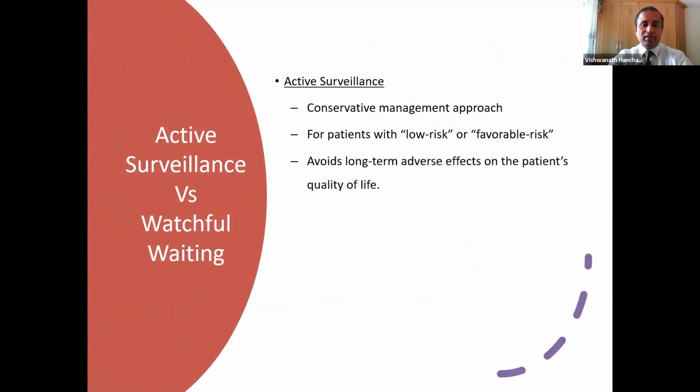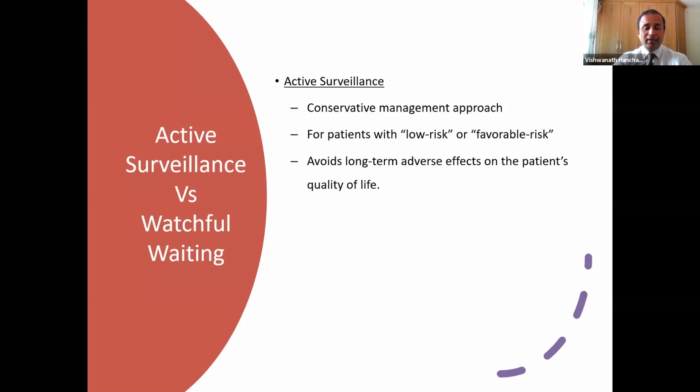So what's active surveillance? It's essentially a conservative management approach where we know that a small group of low-risk or favorable-risk prostate cancer patients might benefit from active monitoring, and it mainly avoids long-term adverse effects on patients' quality of life.